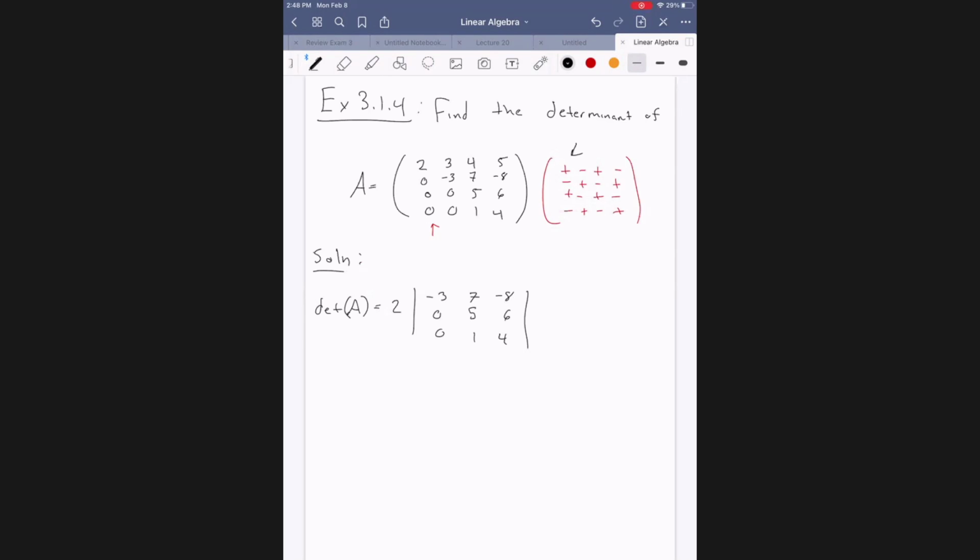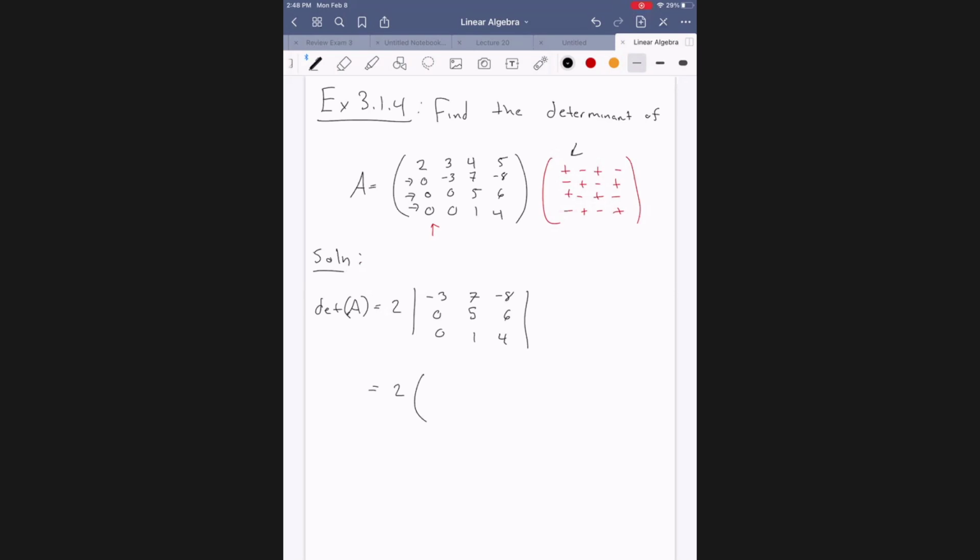And all these other ones, as we saw from the last example, are not going to matter, so you don't have to expand those. But now we have this 3 by 3, so we have to do the expansion again.